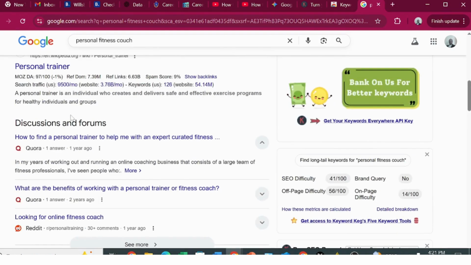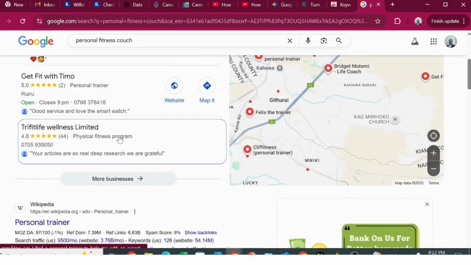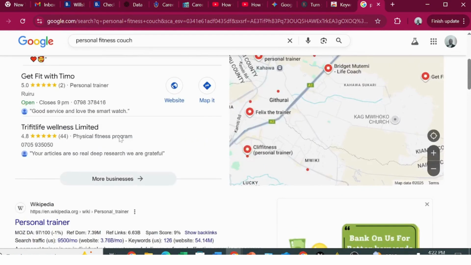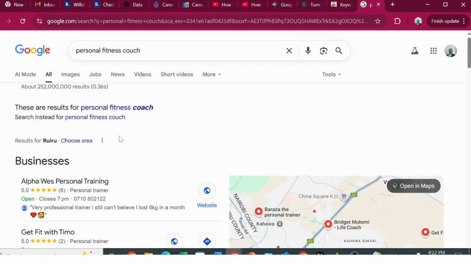Could be someone who is in need of a personal training coach, and it's from the research that they are less competitive. The volume is decent. So if you try out this second category, body keywords, you are likely to get attention.